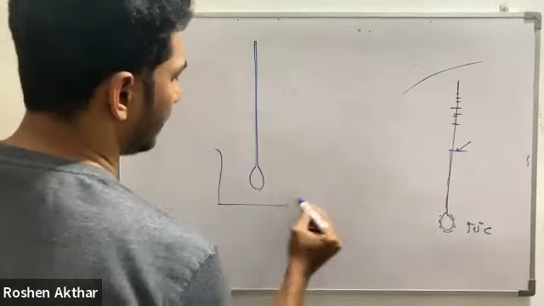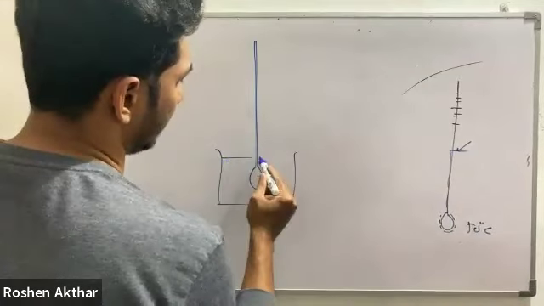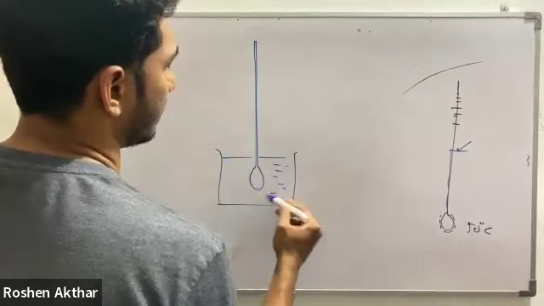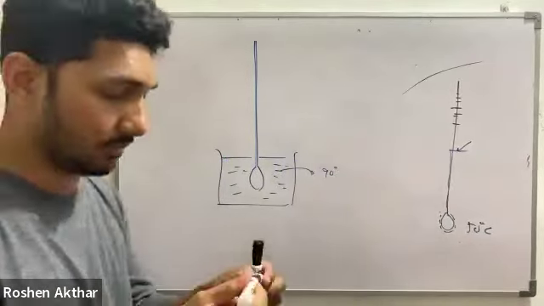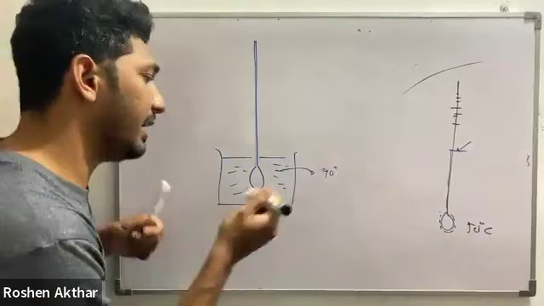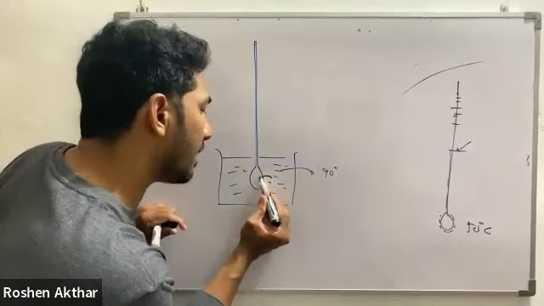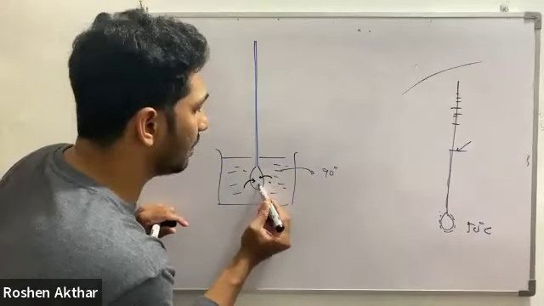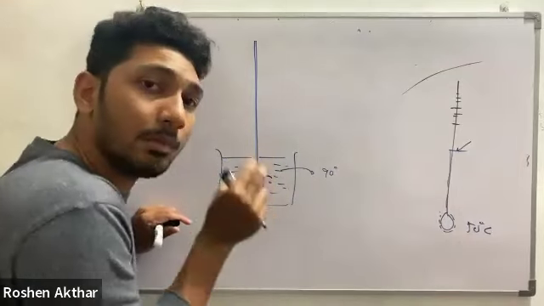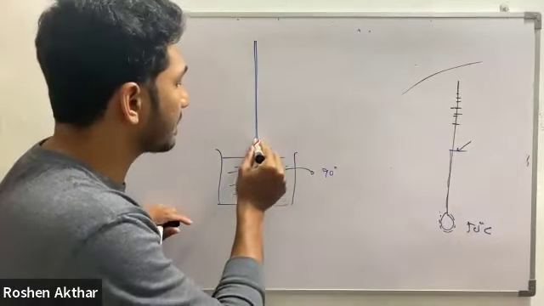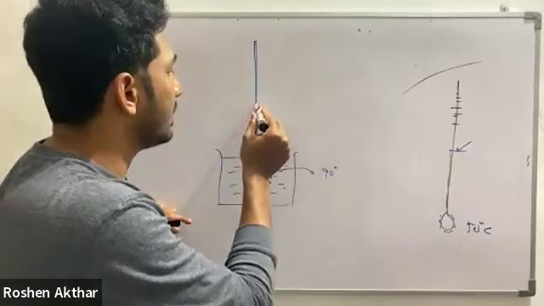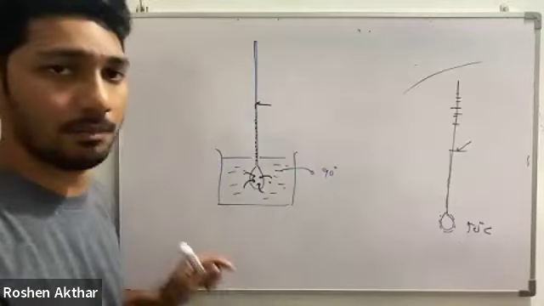Okay, so if you are using it to measure some liquid at 90 degrees Celsius, what should happen? The physics that happens here is this liquid should give some heat to this mercury. Then that mercury will expand. When it expands, you will see the rise in the mercury levels.